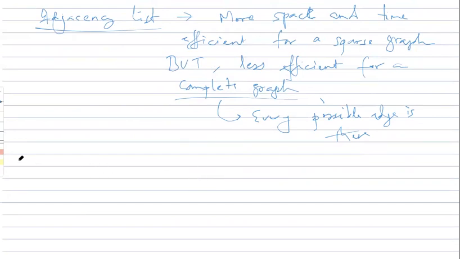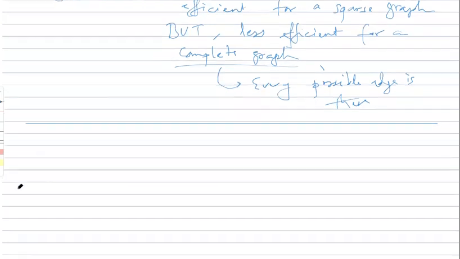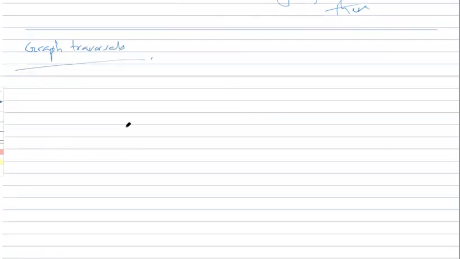Okay, so now we are going to the most important topic for graphs, and that is graph traversals. As I said, please try to understand graph traversal as thoroughly as possible. So what is the goal of traversal? Just like in a tree, it's about visiting, and remember, visiting means performing some operation.